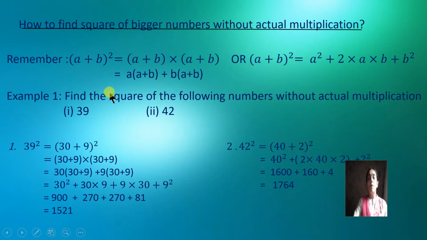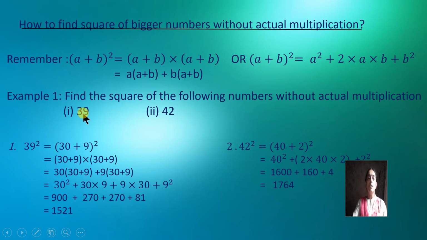Find the square of the following numbers without actual multiplication. This is example 1 of your textbook, and I'm going to solve 39 using the first method and 42 using the second method. Then you decide whichever method you find easier.